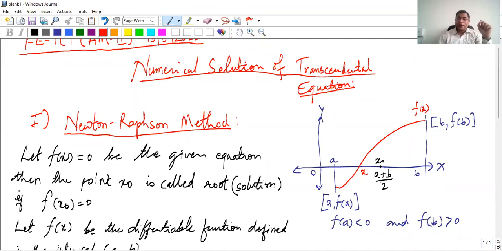But when I do not have the graph and I want to guarantee that it is closer to the root, I can say that the root is closer to a plus b by 2, because it is exactly the midpoint of the interval. So to start, we are using the midpoint of the interval.